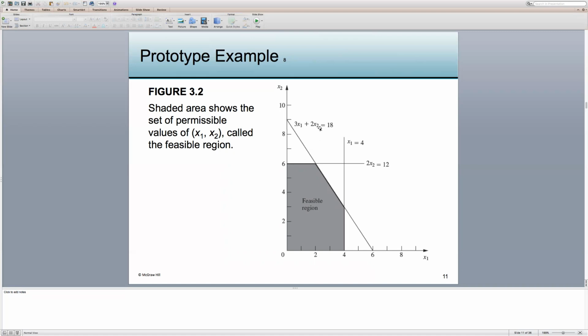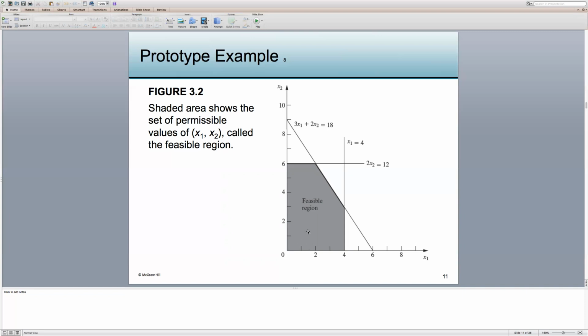But we have the 5th constraint, 3x1 plus 2x2 less than or equal to 18. This is the equation of a line in the plane, and less than or equal to 18 means we're looking at everything below this line. So what is called the feasible region is all the points in the plane that satisfy our 5 constraint inequalities.